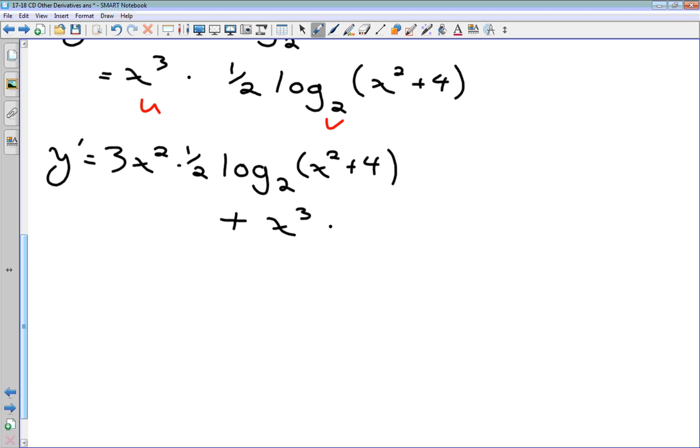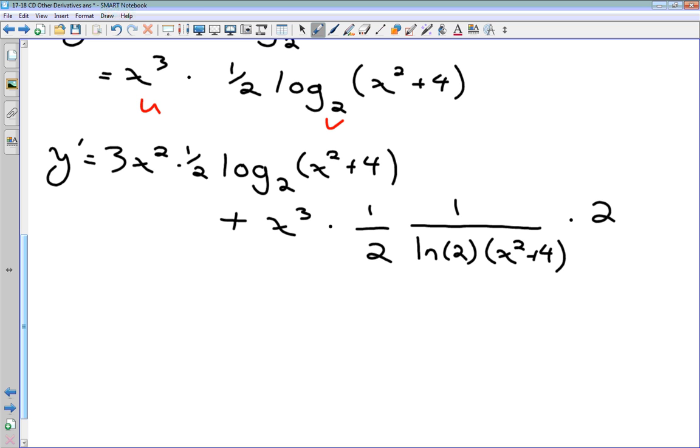So we've got a constant of 1/2 out in front. Derivative of the log function is going to be 1 over ln 2, because we're working with base 2, times x squared plus 4. And then we want to multiply by the derivative of that inner function. Inner function is x squared plus 4, so its derivative is going to be 2x.